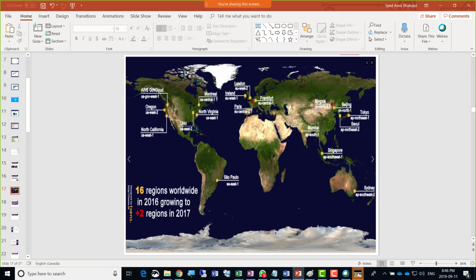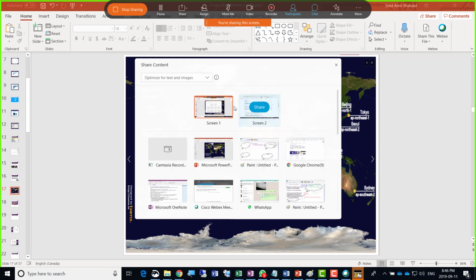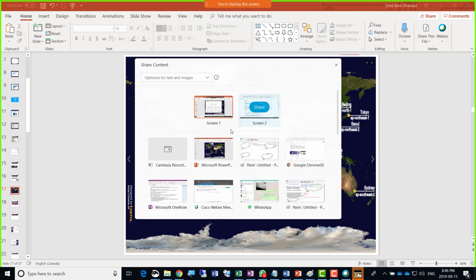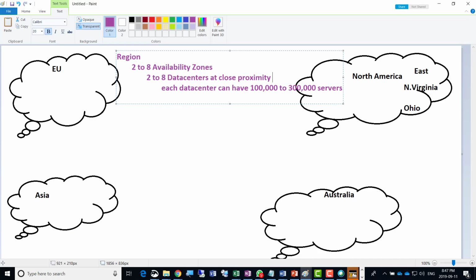I hope you were able to actually see that diagram that I created. Were you able to see that diagram that I created there? I guess so. I had just created that diagram here, this one.